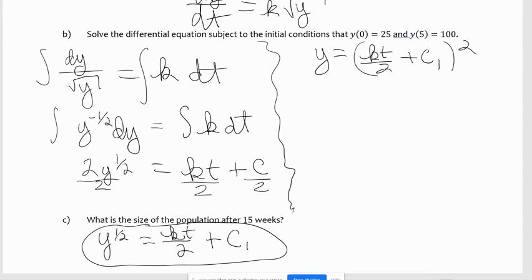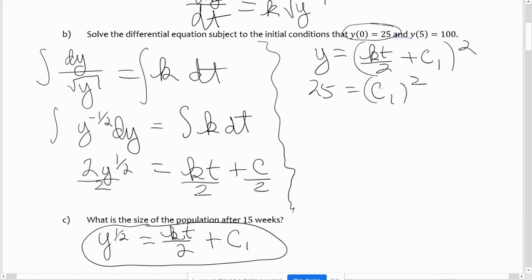Okay, now we're given the initial conditions of y0 equals 25. So that's going to help us figure out what that C1 constant is. So if I plugged in 25 for y and 0 for t, that would give me C1 squared equals 25.